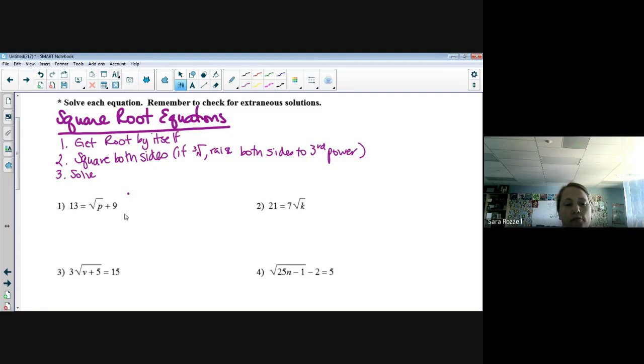Okay. So on number 1, what is outside of the root? What number is outside of the root? The 9. So we had a plus 9. So to get rid of that, we're going to subtract 9 on both sides.